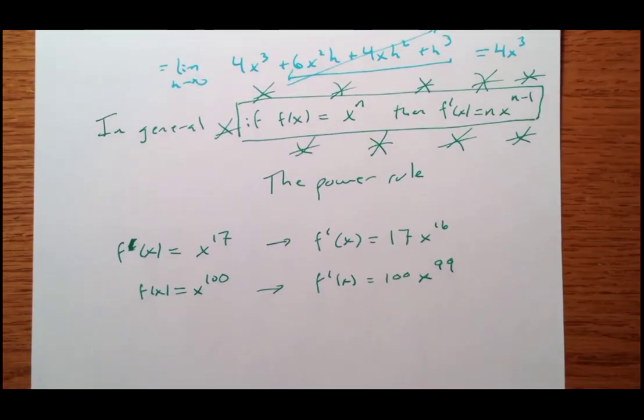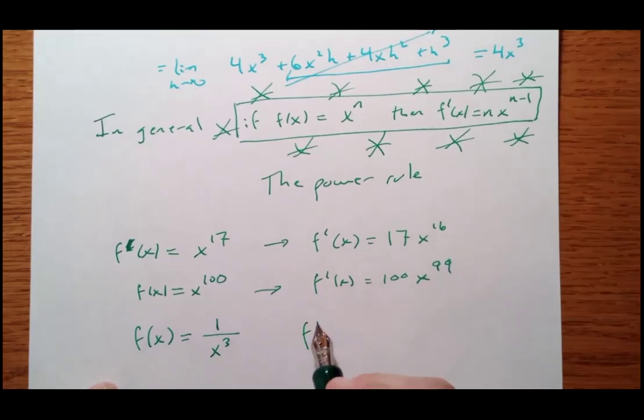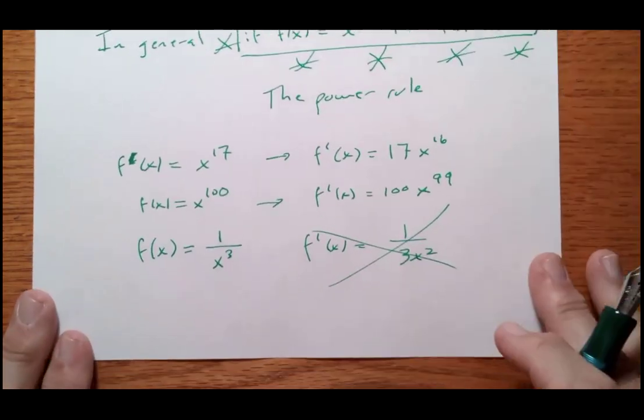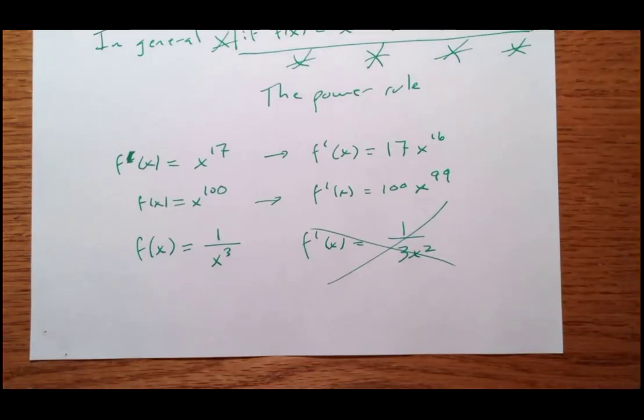Do you know what else? It even allows me to do derivatives that don't at first look like powers. Consider 1 over x cubed. The derivative of x cubed is 3x squared, but since this x cubed is on the bottom, there's a rule about powers that are on the bottom.